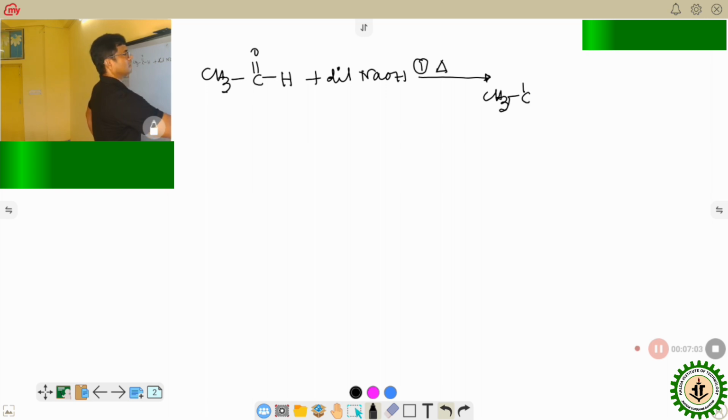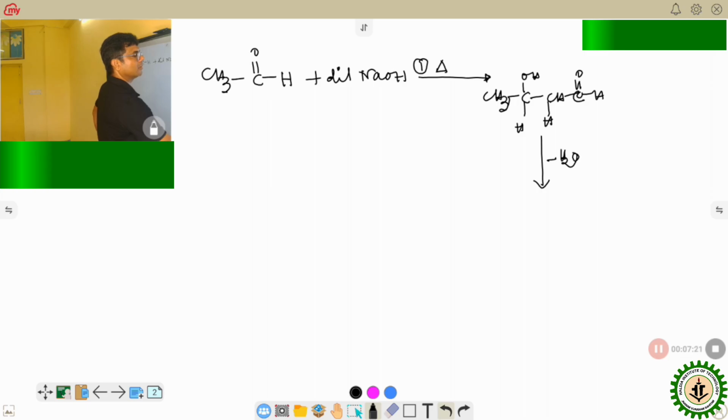First this aldol is formed, followed by elimination of water.